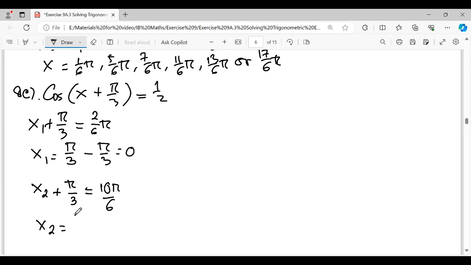So x2 equals 5 third pi minus pi third, 4 third pi.